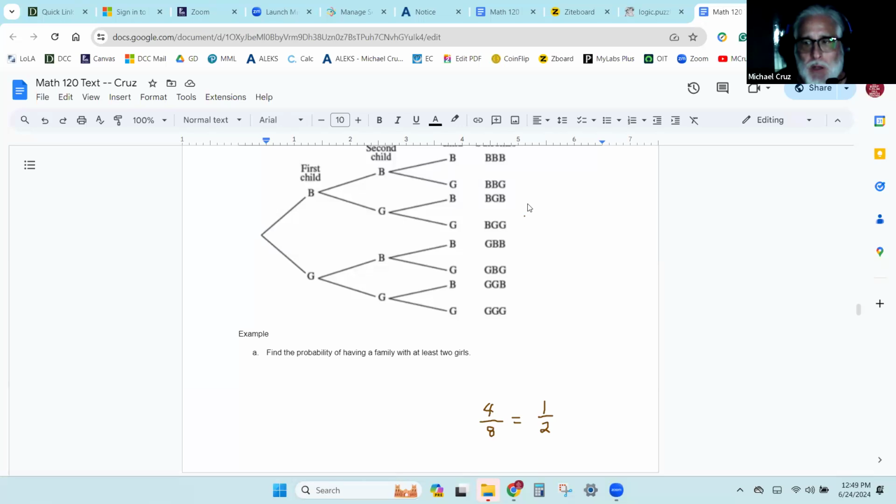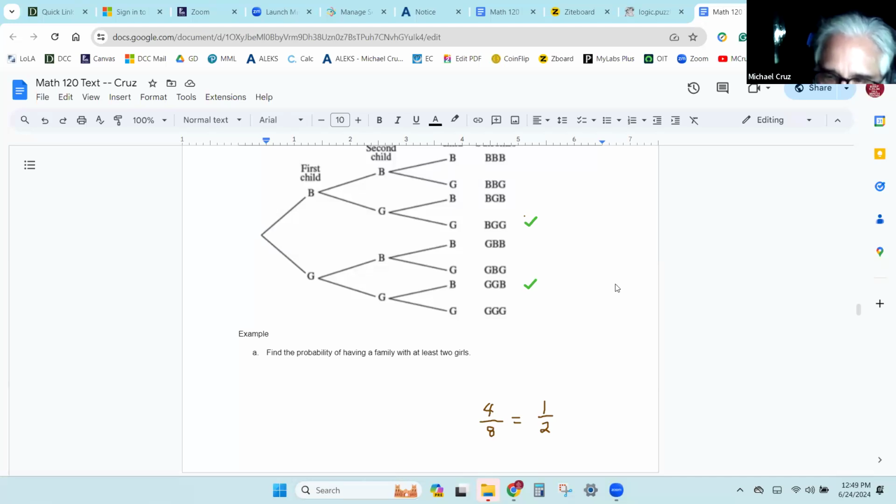And that would be this one and this one. Because the first one doesn't have any girls. The second one has 1 girl. Third one, 1 girl. The fourth one, boy, girl, girl, that's got exactly 2.